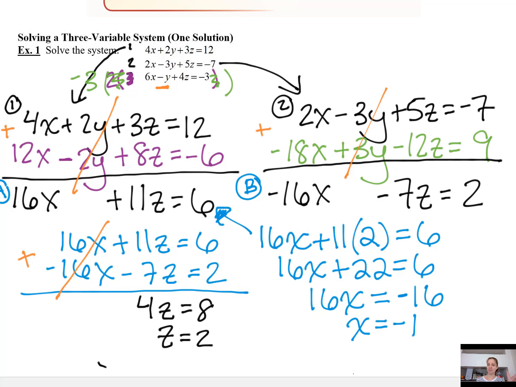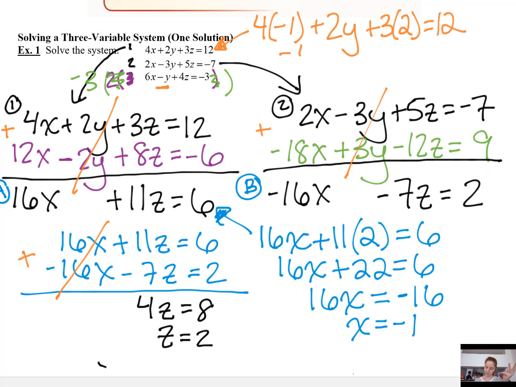I know what x is, I know what z is, I don't know what y is yet. And this is when I go back to my original 3 equations, pick one of them, and solve for y. I'll look for one that only has positive values, because that makes it easier, which is equation number 1. So in equation number 1, it is 4 times x, which is negative 1, plus 2 times y, I don't know what y is, plus 3 times z, 2, equals 12.